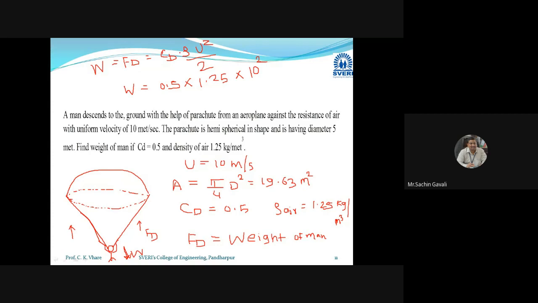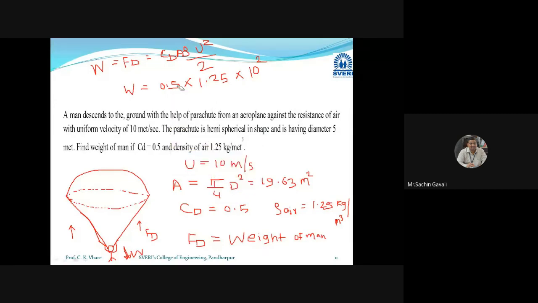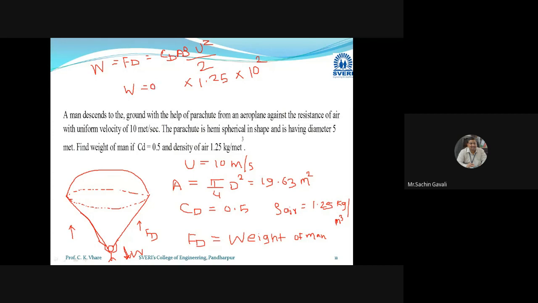Sorry, CDA, A is missing here, into 19.63.